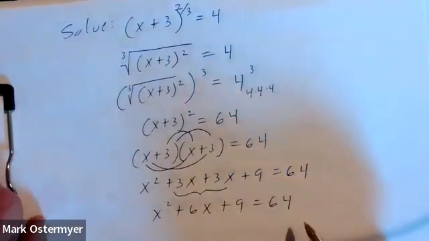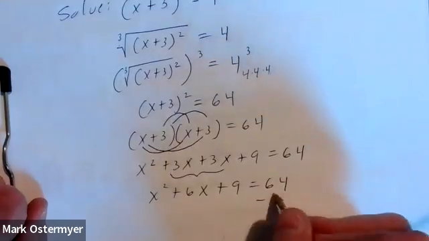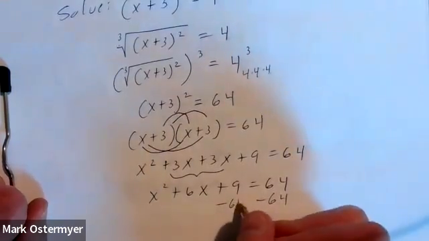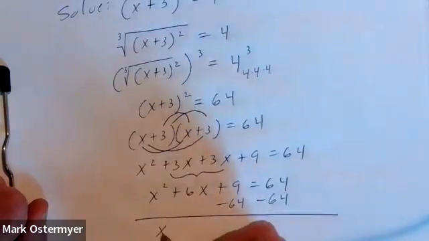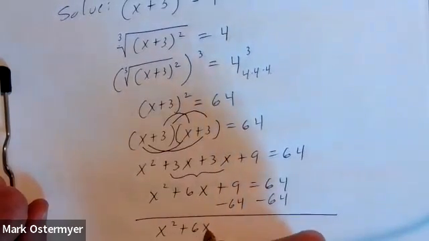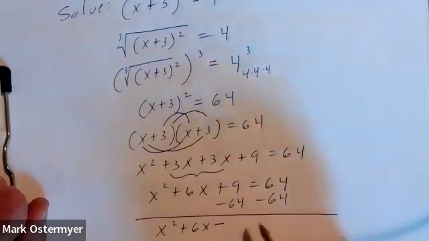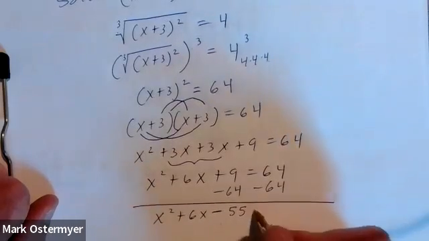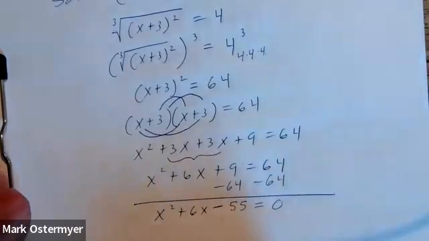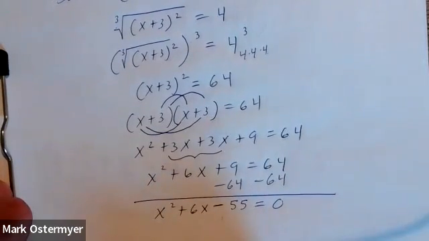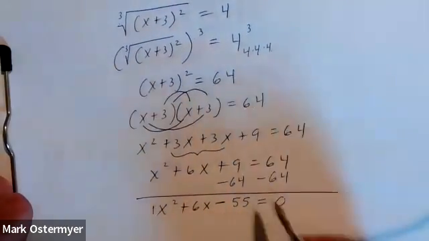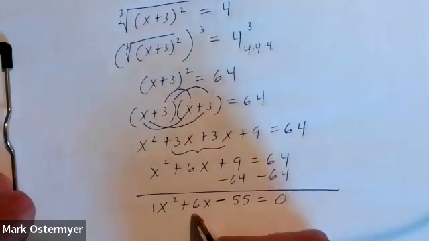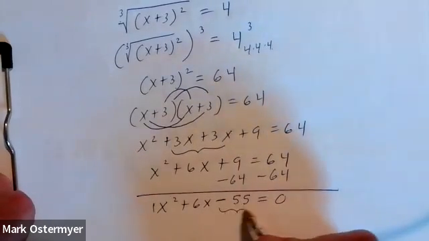We're now going to have to zero this equation out by subtracting 64 from both sides of the equation. Hence, we get x squared plus 6x minus 55, I believe. Now we want to factor this trinomial. We need two factors of negative 55 that sum to the middle coefficient of positive 6.